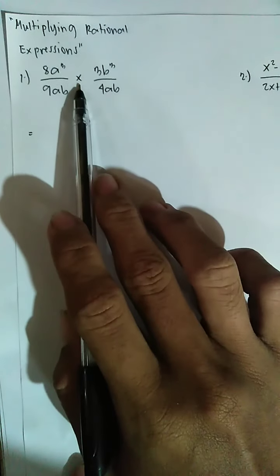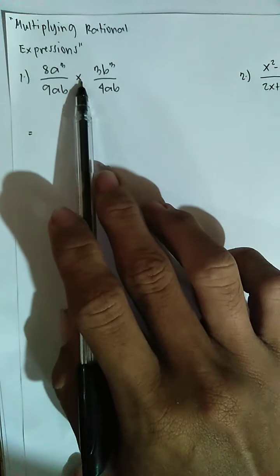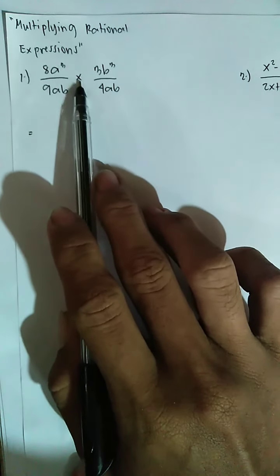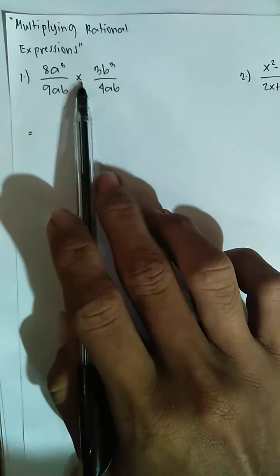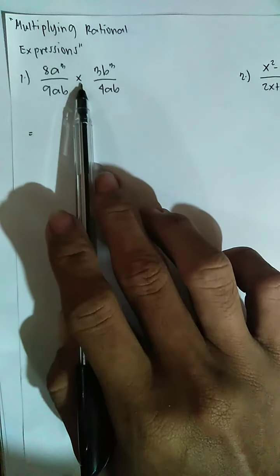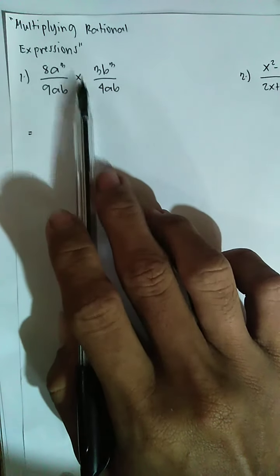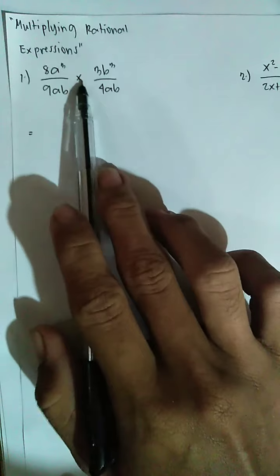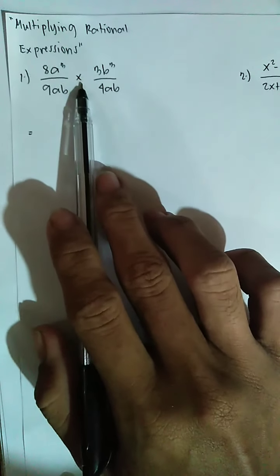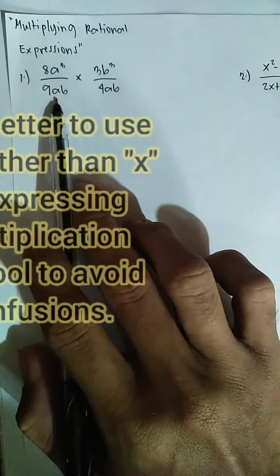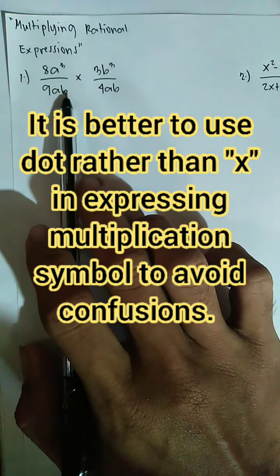Here we use the symbol for multiplication, which is like x, right? This denotes multiplication in basic mathematics. But in higher mathematics, I highly recommend that you do not use this denotation for multiplication, because in most cases in higher mathematics we also use the variable x.